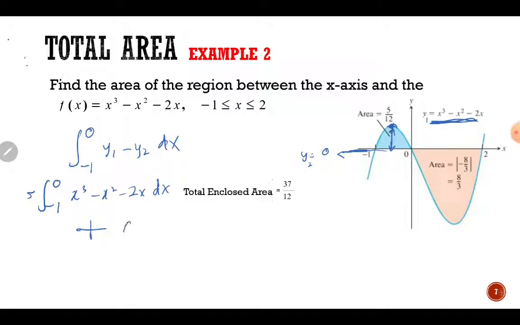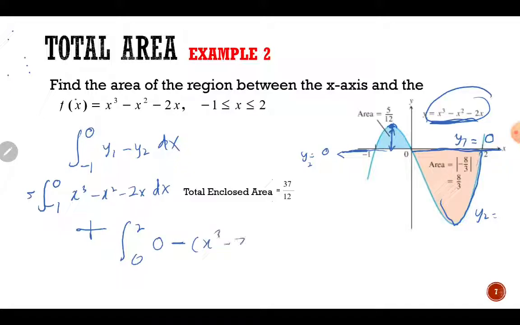Tambah dengan integration daripada kosong ke 2, and this time you nampak tak? Your y1 yang ke atas adalah y1 sama dengan kosong. Yang kat bawah ni adalah your y2. Y2 adalah x cube minus x square minus 2x. So maknanya kosong tolak x cube minus x square minus 2x dx.